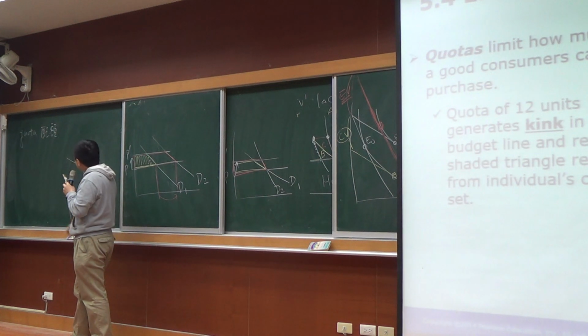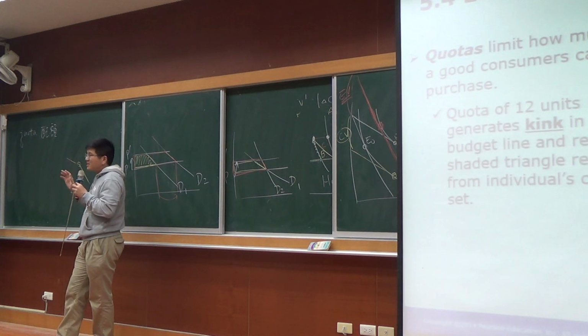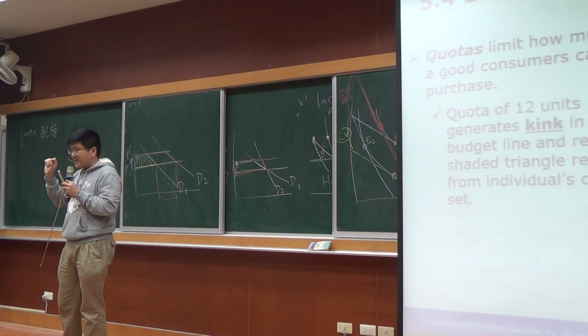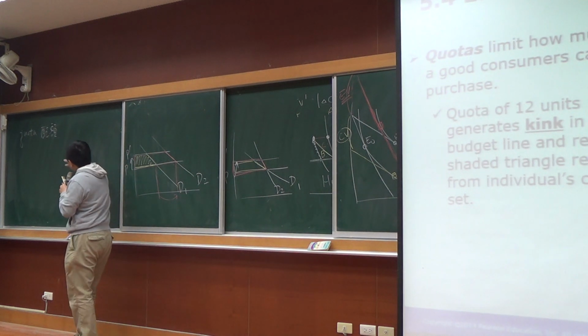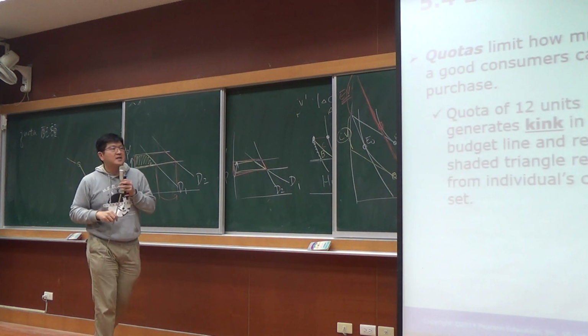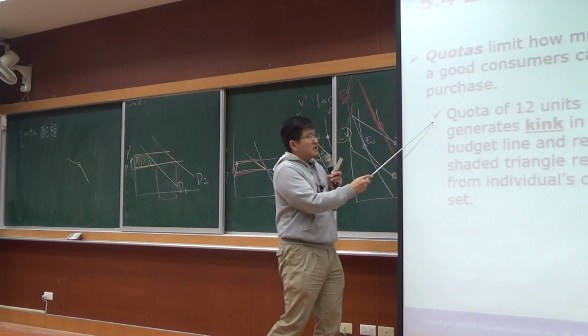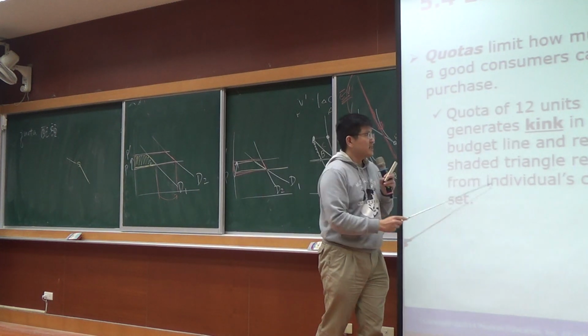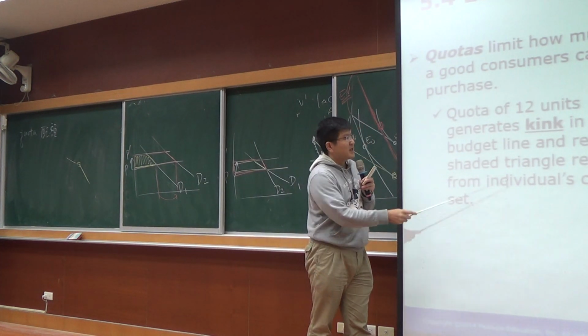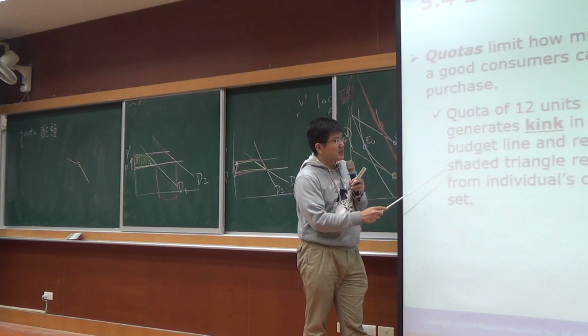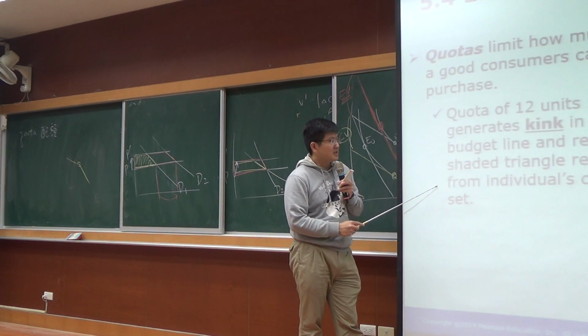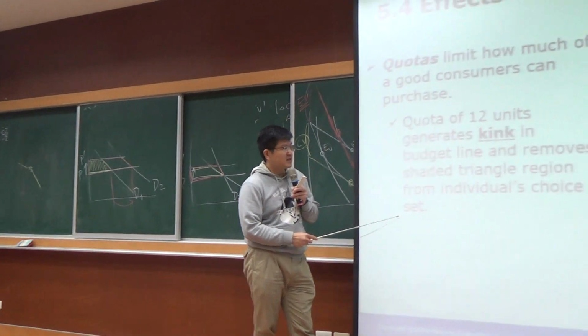You feel it here. So it's a kink. Quota generates a kink in the budget line and removes the shaded triangle region from the individual choice set.